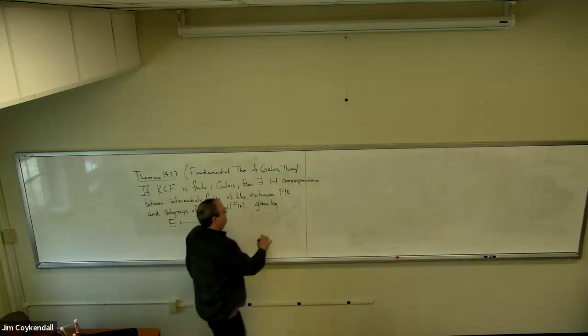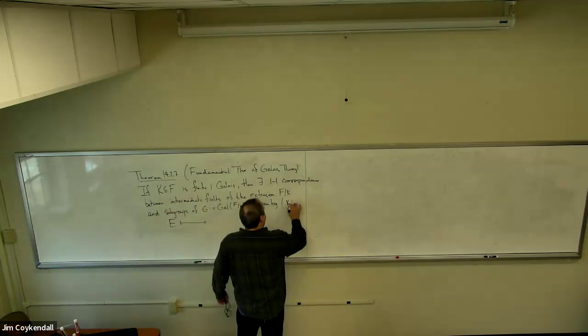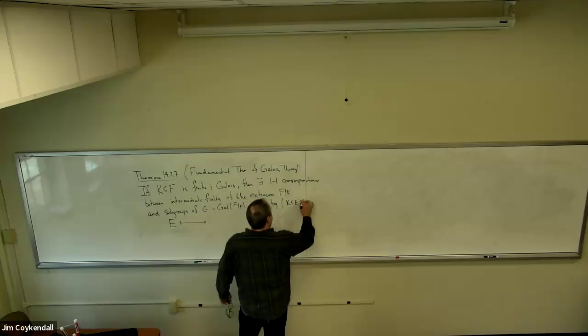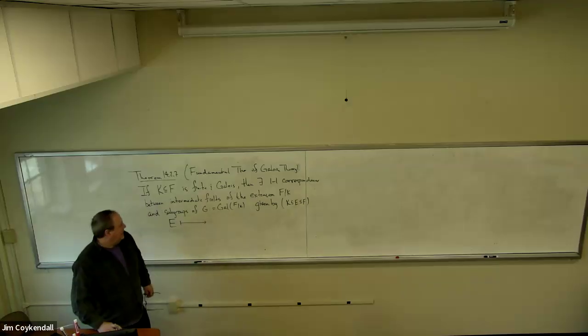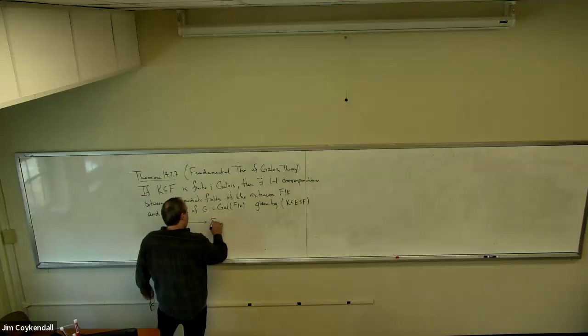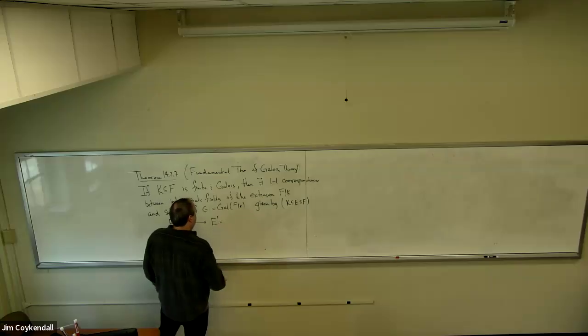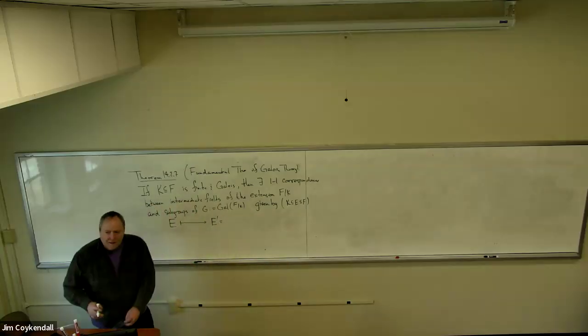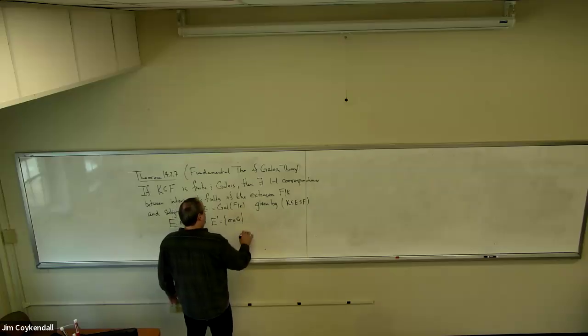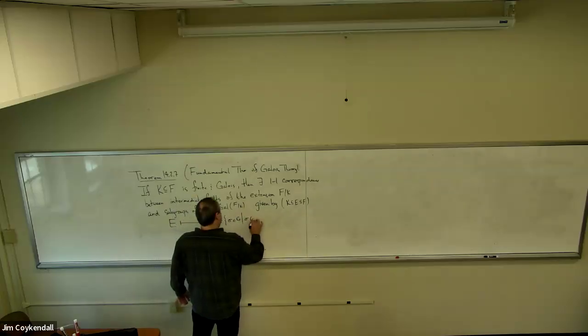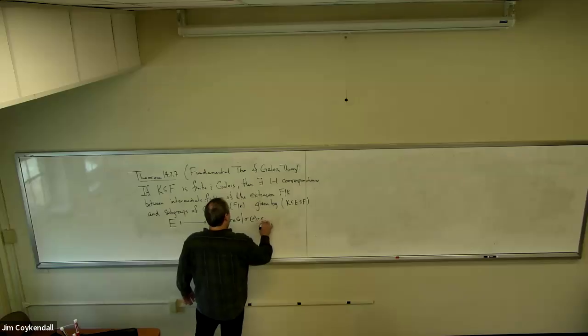This E here is a field intermediate to F. It goes to its prime. And let me remind you what this is. This is the set of sigma in G, the Galois group, such that sigma of e equals e for all e in E.